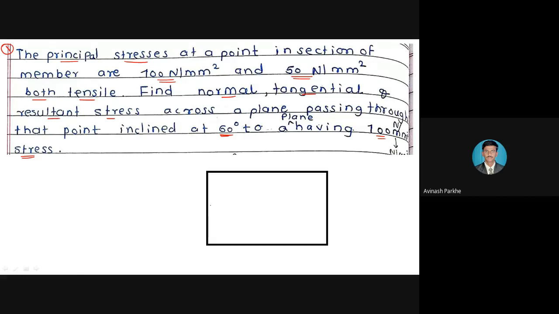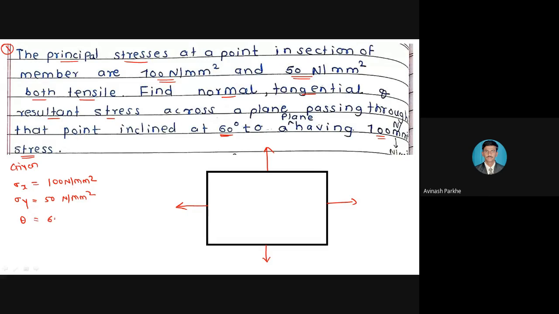Okay, so here I will draw, let us see, the member or body subjected to biaxial stresses, both tensile. So given parameters: it is not mentioned which will be sigma x, so always consider the maximum value. Sigma x is equal to 100 Newton per mm square. Sigma y is equal to 50 Newton per mm square.